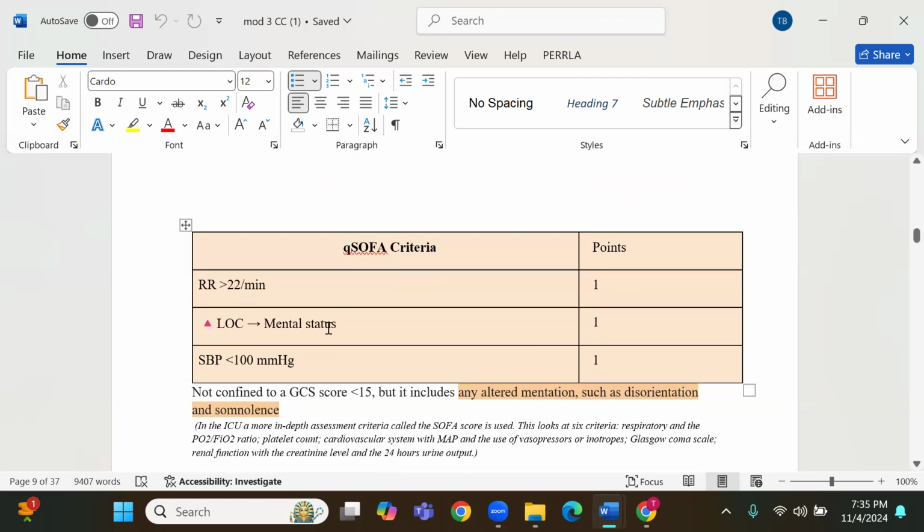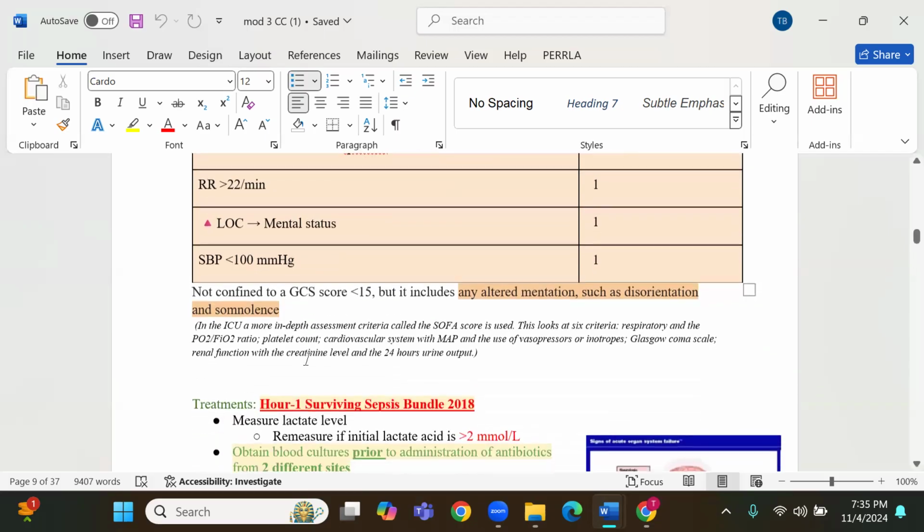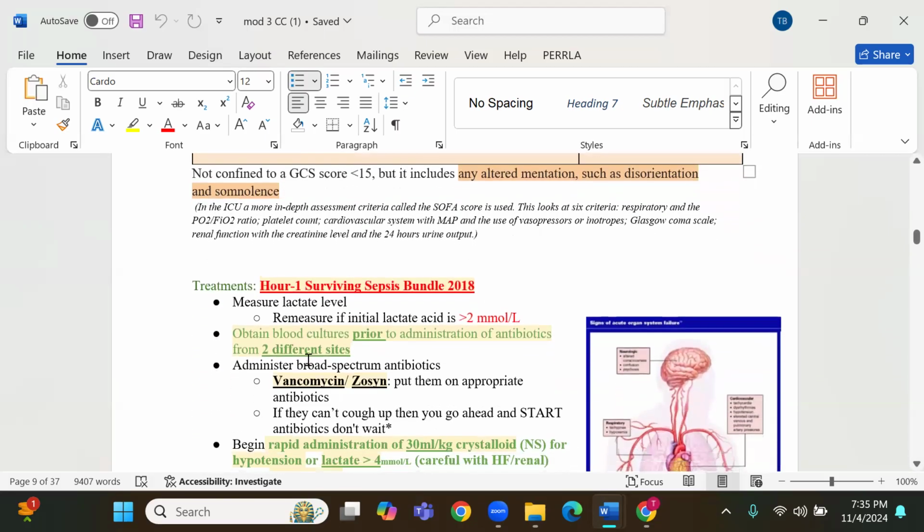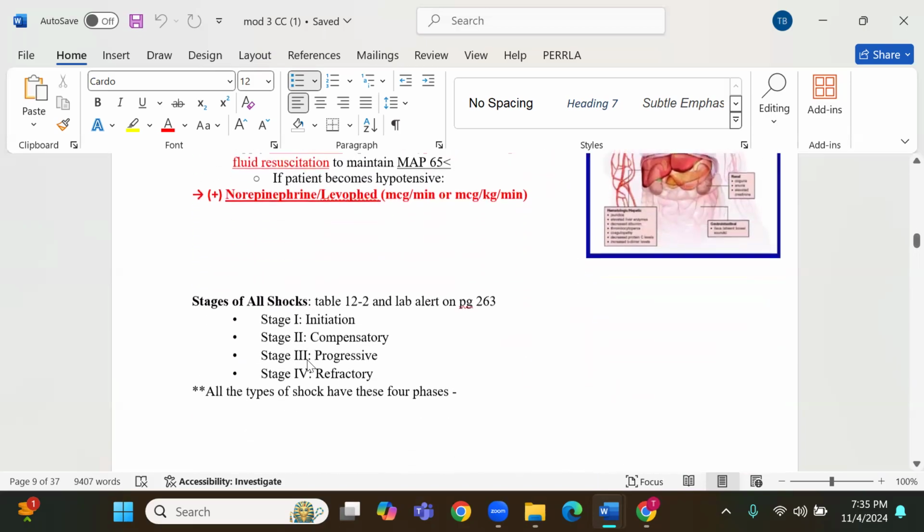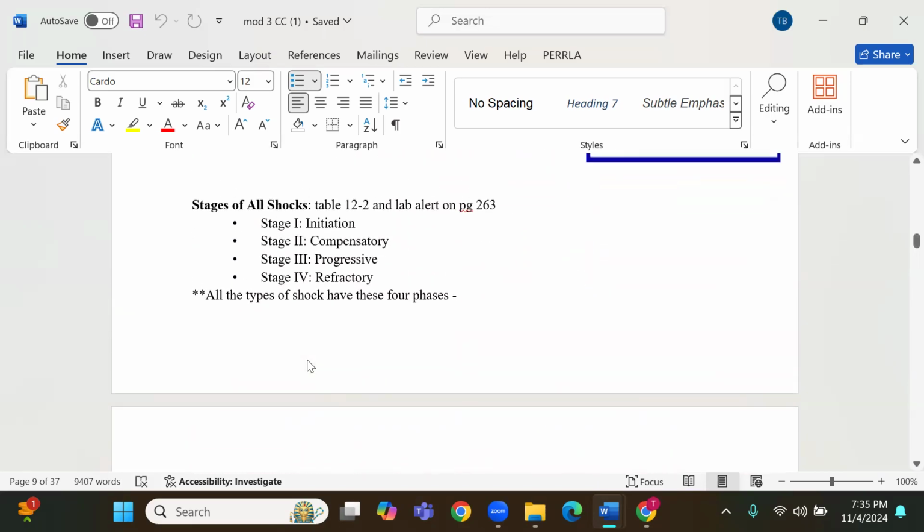It says respiration is greater than 22 per minute. Level of consciousness is, it says up, the little arrow, but I would say it might be down. And then the systolic blood pressure is less than 100. So when we're working in the ICU, if we see those things, we might think, oh, they're going into septic shock.